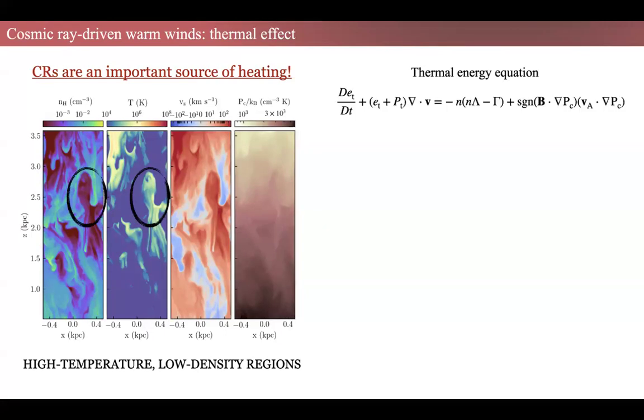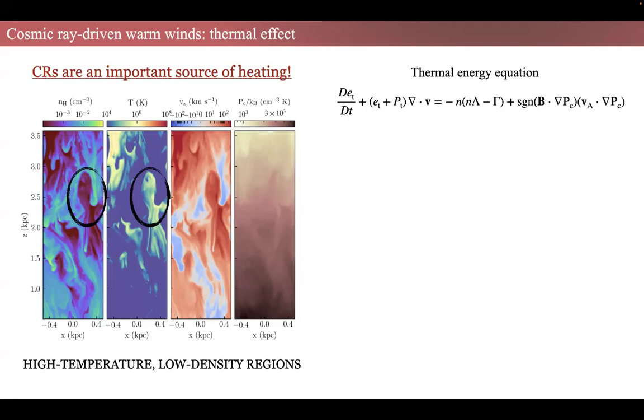Now, in order to understand what is the dominant heating mechanism here, let's look at this equation describing the thermal energy evolution. The terms on the right-hand side describe gains and losses of thermal energy due to interactions with the environment.